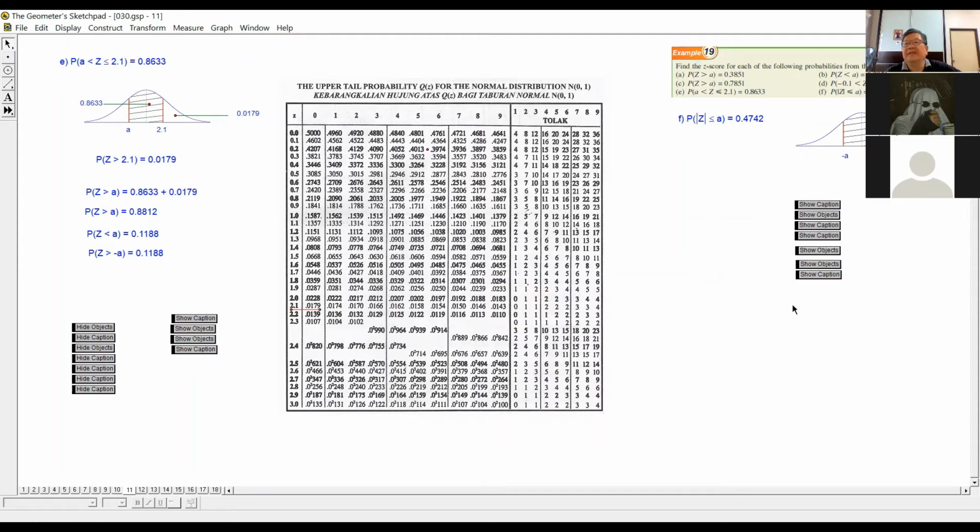Okay, hide. So the question is, the probability of the magnitude of Z less than A is 0.4742. Magnitude less than A means the center part. Magnitude more than A means the two sides, the upper tail and lower tail.